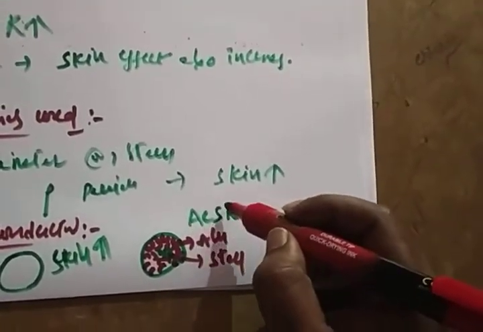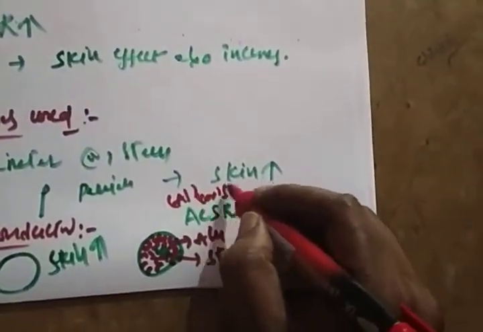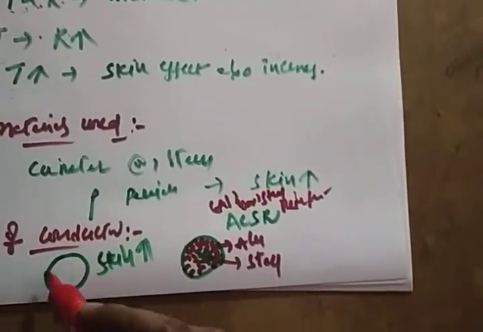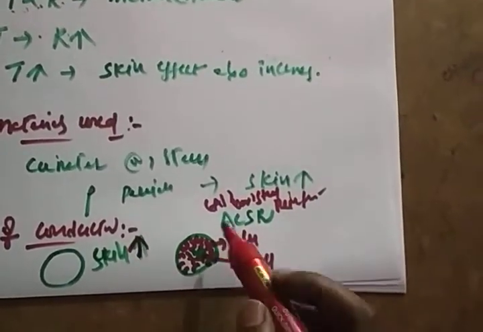ACSR means aluminum conductor steel reinforced. Nowadays we are using these types of materials. If you use only a solid conductor, the skin effect will increase, so for this we require ACSR materials.